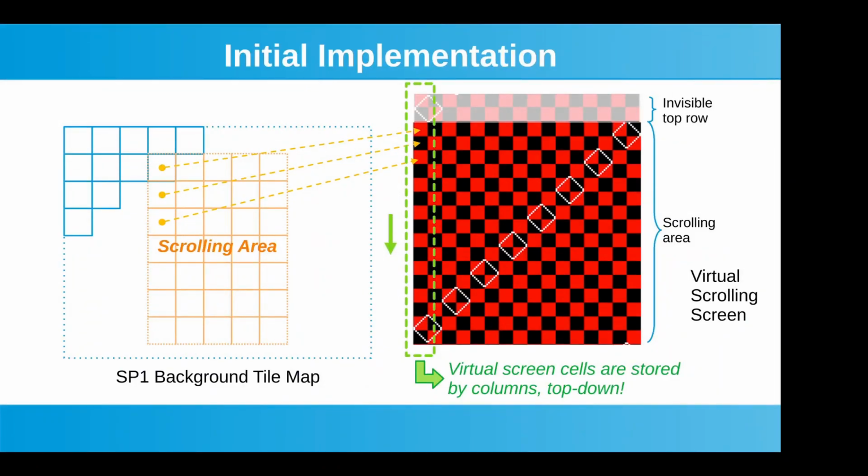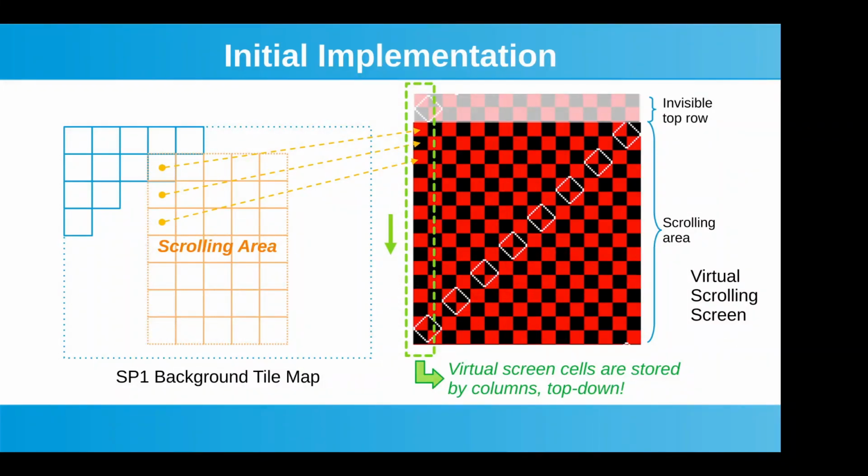So my first initial implementation, which is the next test, is test 1, which can be found in directory sp1-random tiles. It is the first test that implements a full scroll loop with something interesting happening on the scroll area.